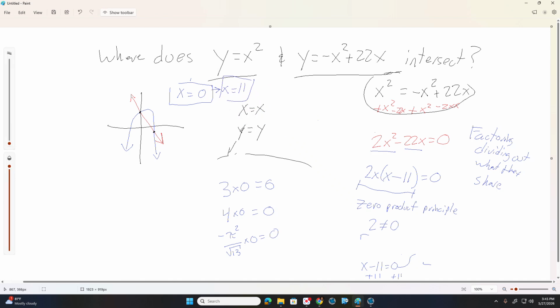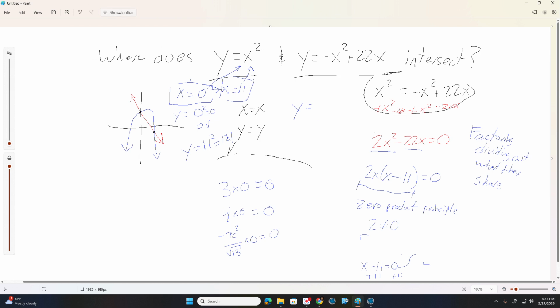But reminder, that's just where the y's were equal to each other. We also want to find the x's equal to each other. So we can actually plug that in. We're going to plug into the simpler one. If we plug both of these values in, y is equal to 0 squared, which is 0, or y is equal to 11 squared, which is 121.